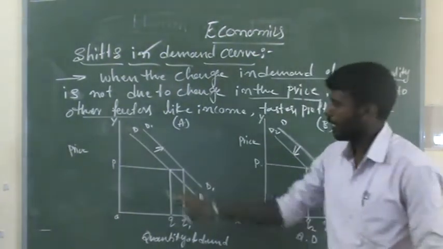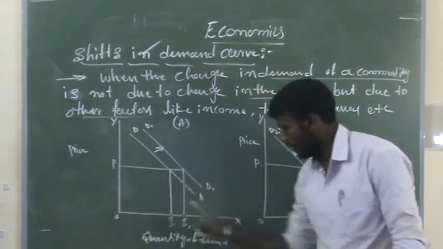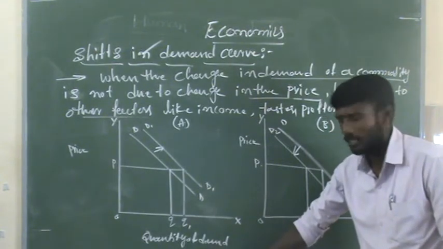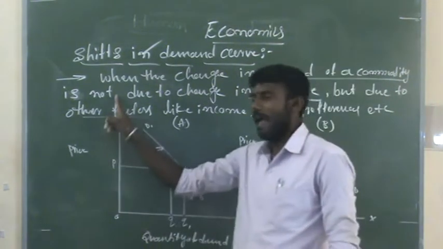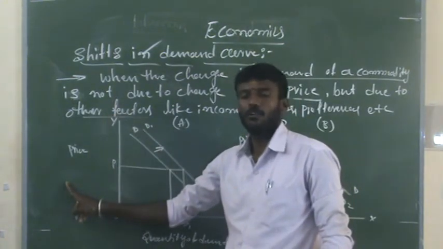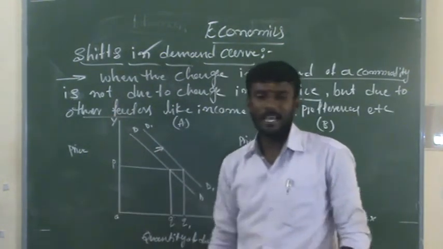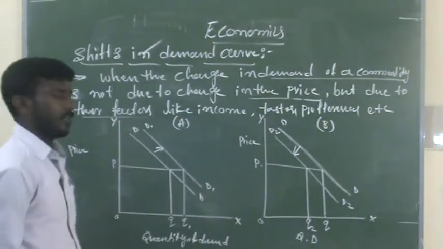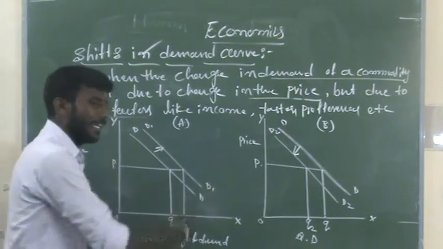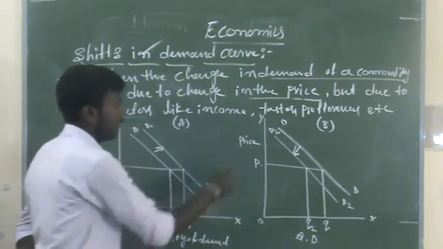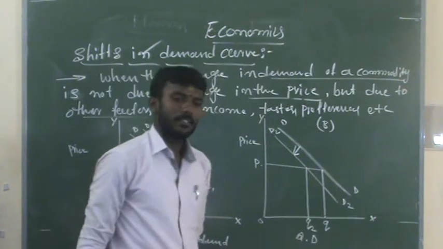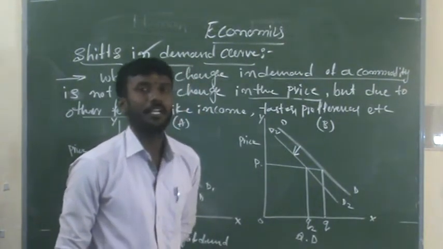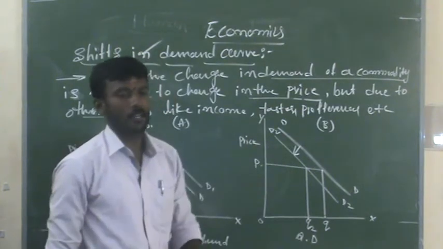The quantity of good or the quantity of demand is on the x-axis, and the price of the good is on the y-axis. In this diagram the left to right downward sloping straight line, the DD curve, we are going to consider as the original demand curve. It is sloping downward from left to right.